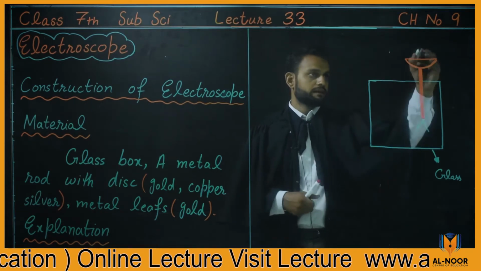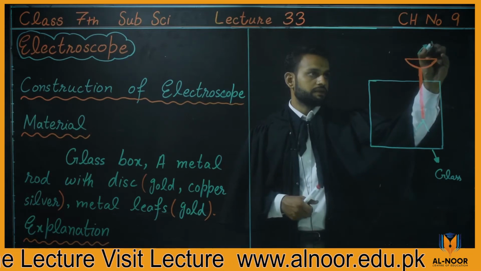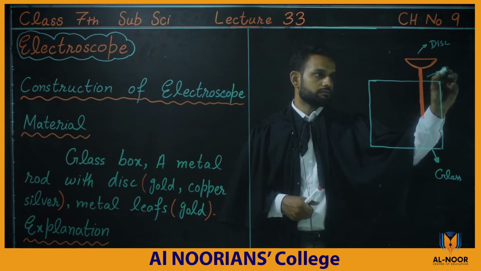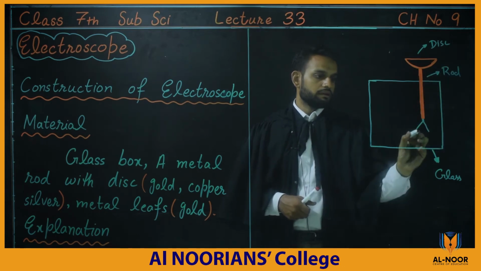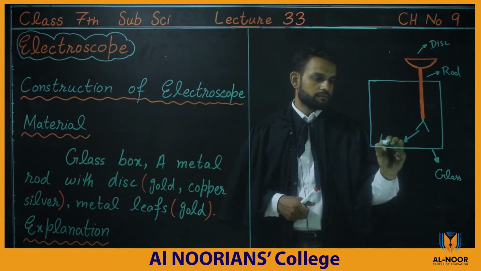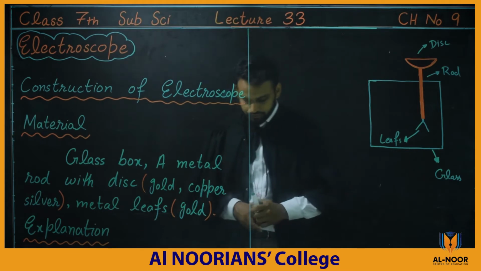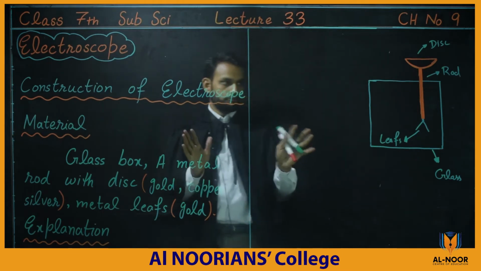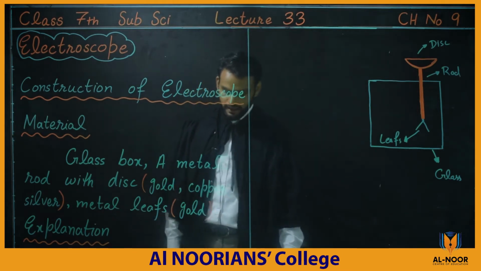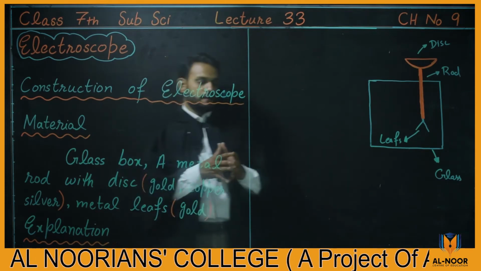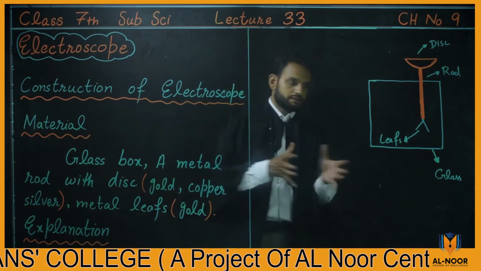So we name that disc, rod, leaves, okay, and box is made up of glass. Why do we use the glass box here?